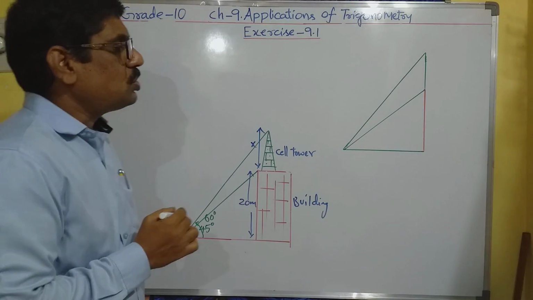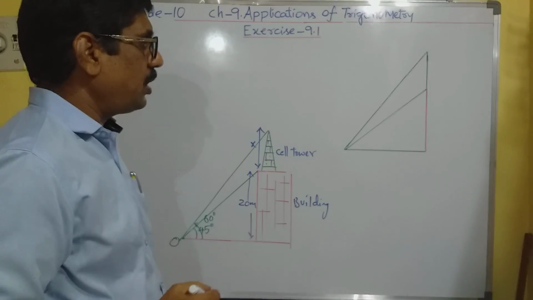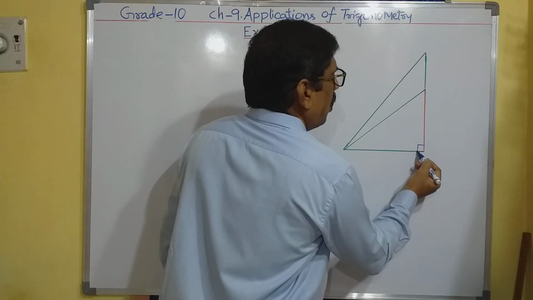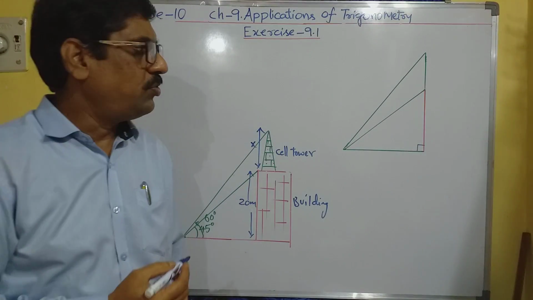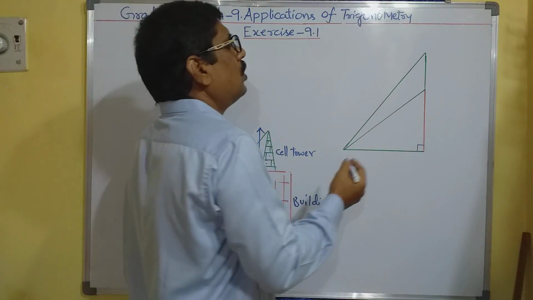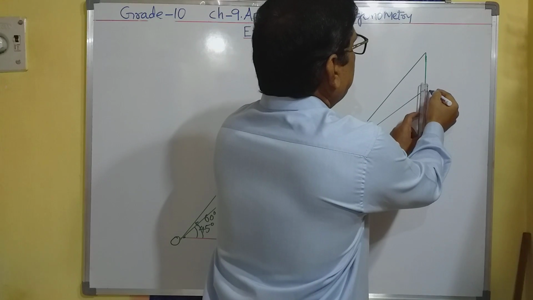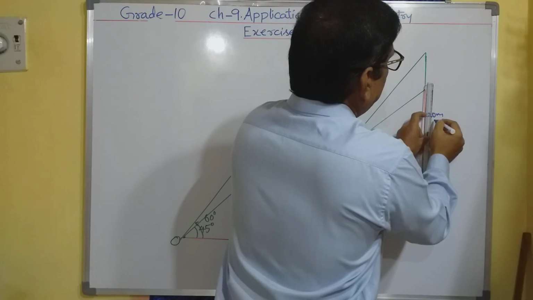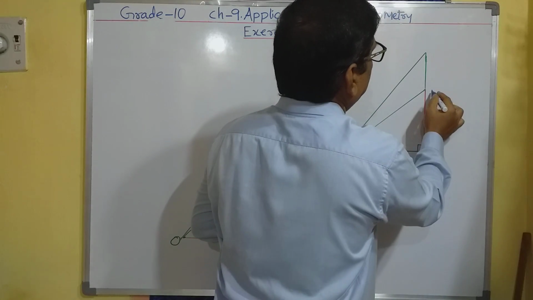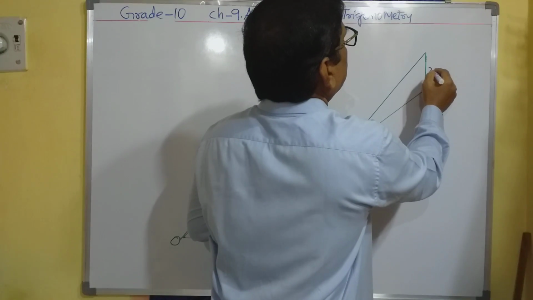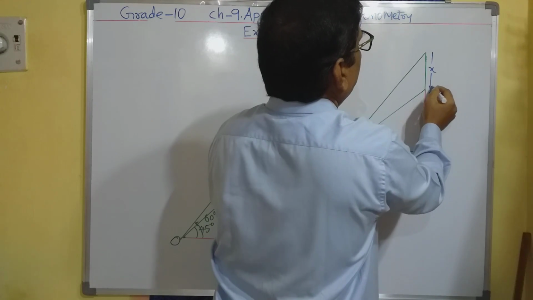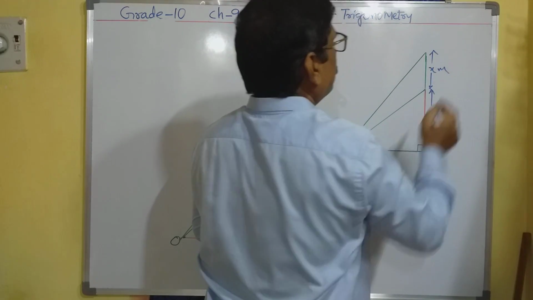Let us draw the geometric figure for this data. Here, let us take the building standing vertically on the ground. The building height is given as 20 meters. Let us take the height of the tower, which is unknown, as x meters.